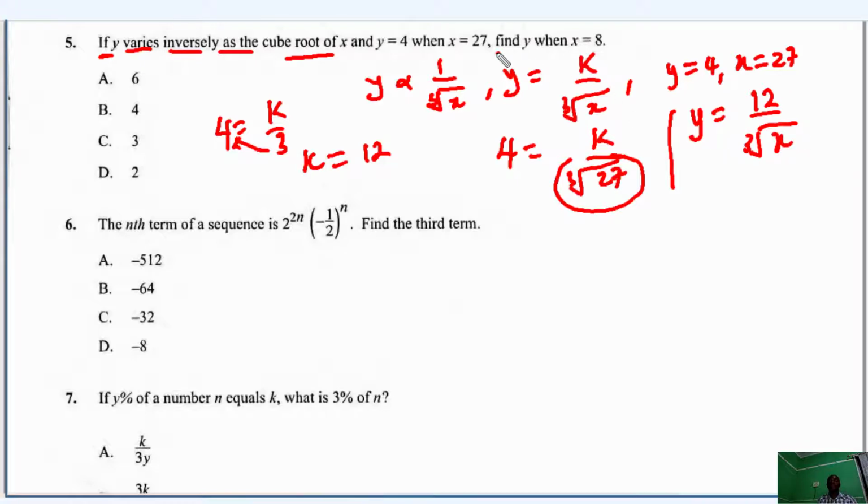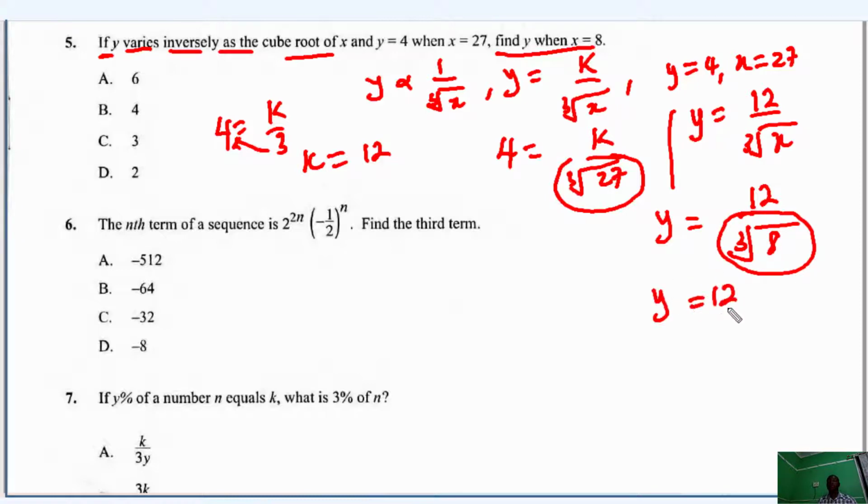Now they say you should find y when x is equal to 8. So you do substitution: y is equal to 12 over the cube root of 8. And the cube root of 8 will give us 2. If you put it in the calculator, you get 2. So y will be equal to 12 over 2, which will give us 6. So 6 is our answer.